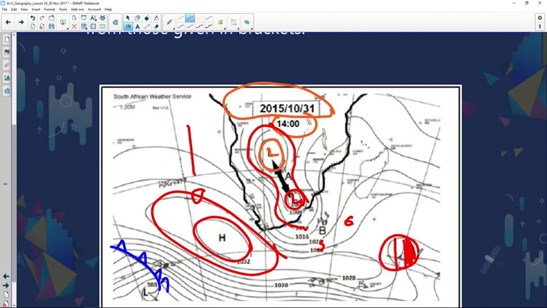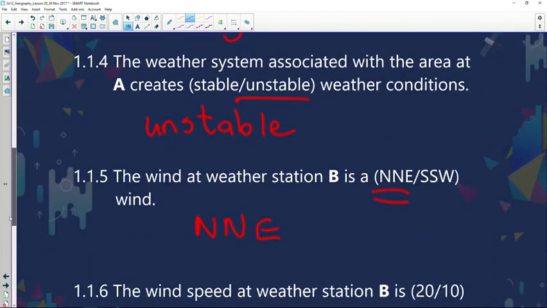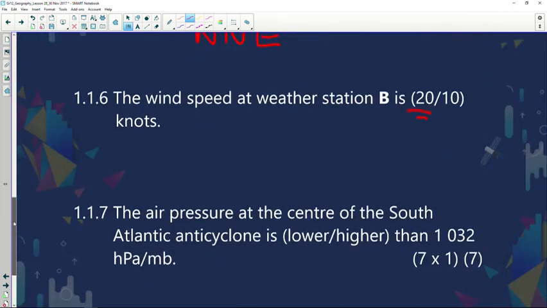That's the cloud cover. The direction of the wind goes north-northeast, and the temperature looks like 23. So definitely 20 knots is the wind speed being experienced there. We can just write down 20 knots.